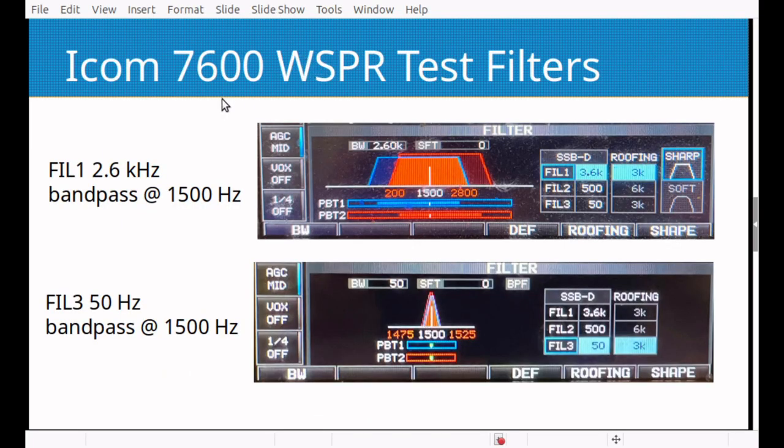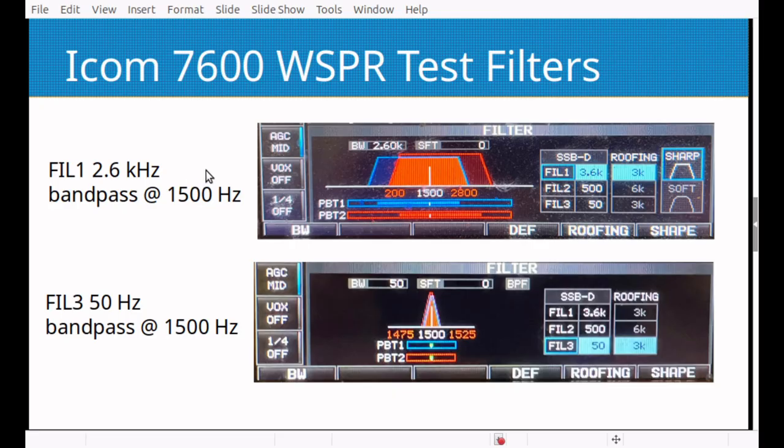The ICOM 7600 is a capable receiver, and it allows me to build specific audio filters for the baseband audio signal that we're going to pass to the computer. So here I've designed 2 filters, filter F1 and filter F3. Filter F1 is what you might typically use for upper sideband.